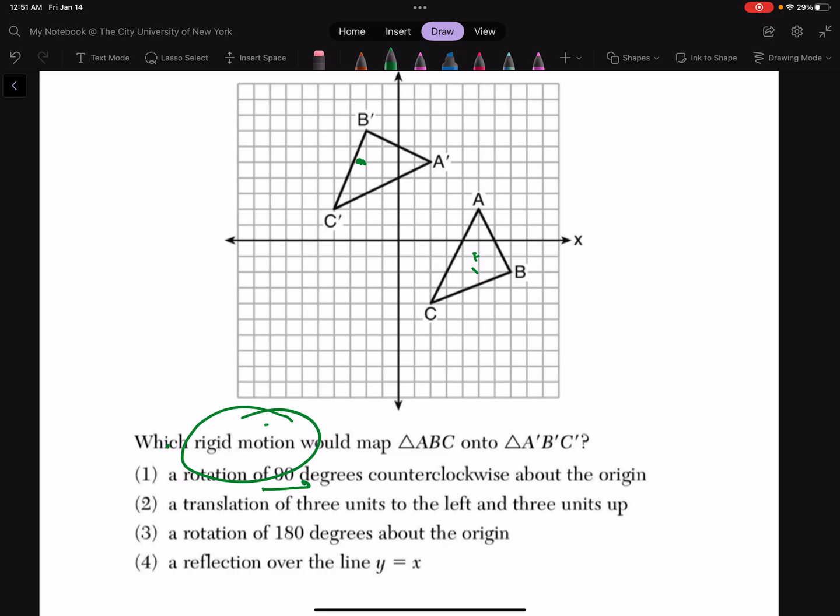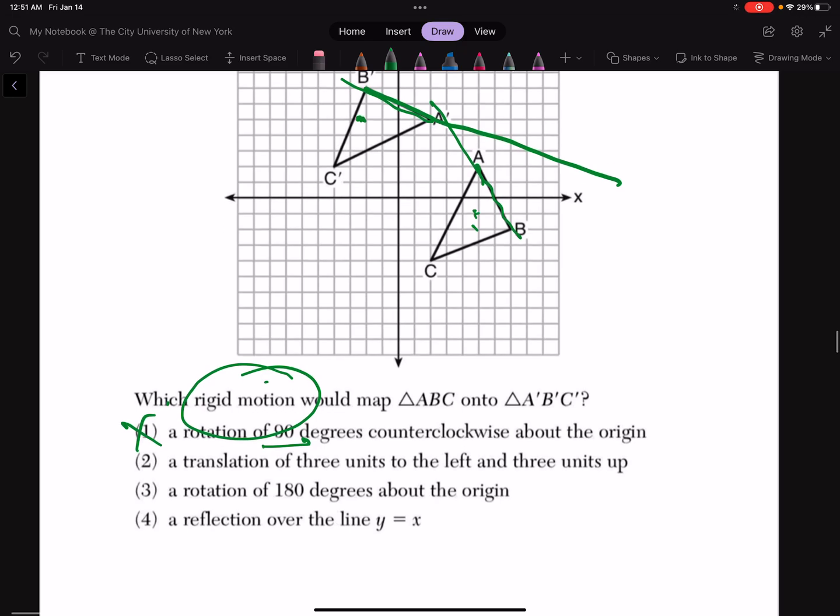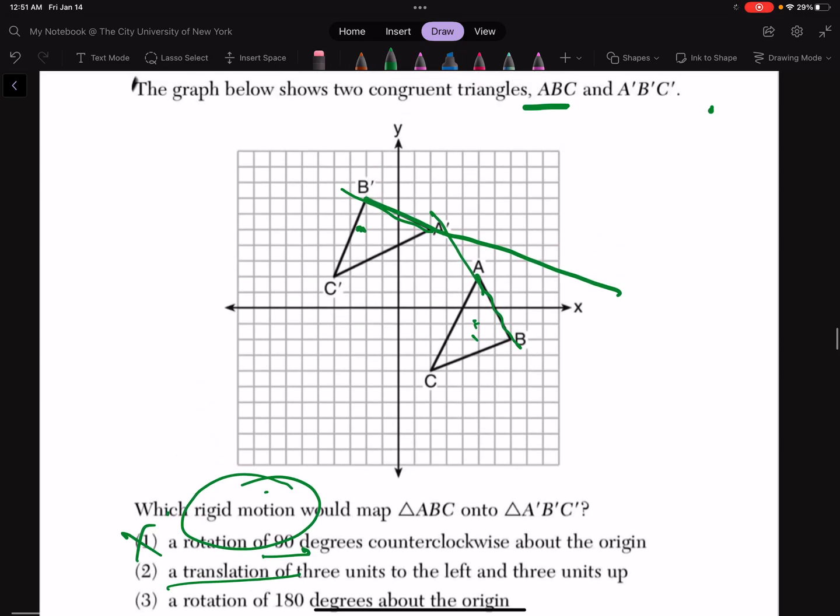So let's say this is AB and there is A prime B prime. I don't think this is a rotation. So this is a single transformation. It's not a rotation, and it's not a translation. A translation cannot make this like this, because a translation should move it up, down, right, or left.